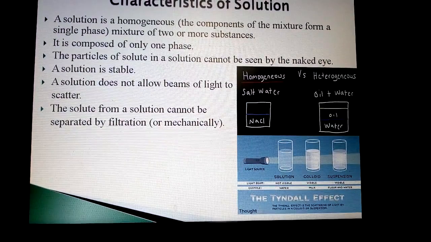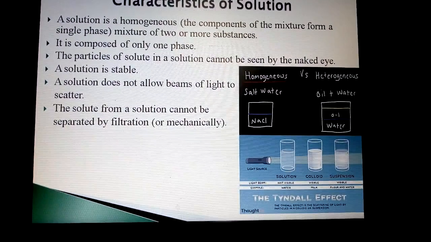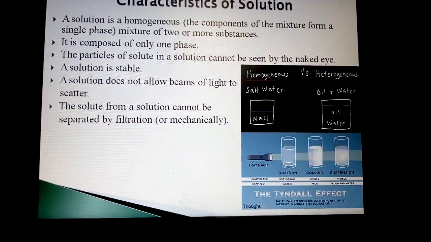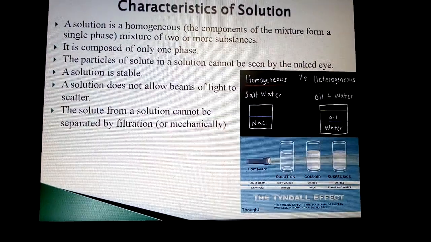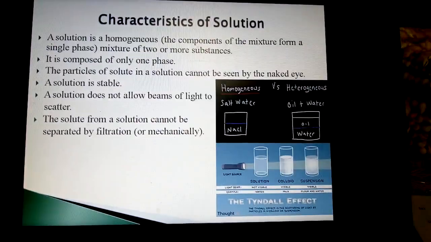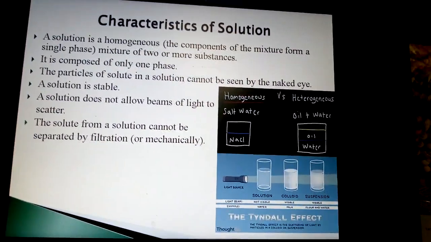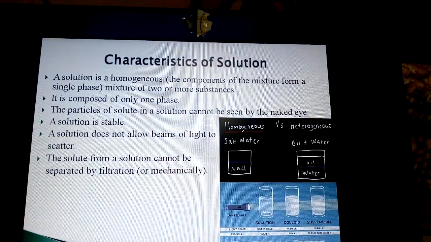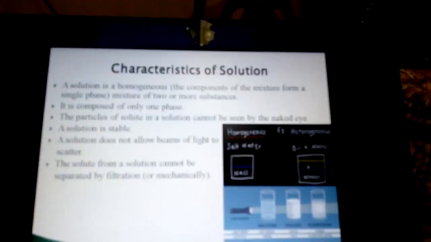So a solution will not allow the scattering of light when we pass light through it. That is basically related to the Tyndall effect. It means in solution we cannot visualize solute particles.